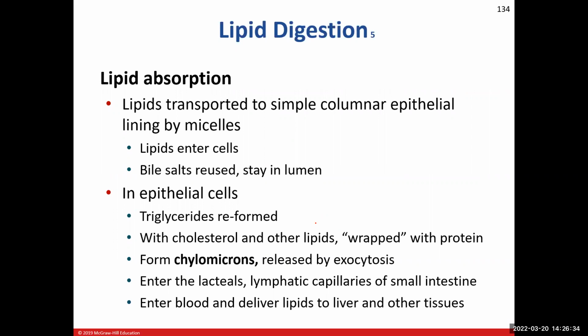Okay, so how do we undergo this whole process for lipid absorption? It's a little bit different than what we saw before. We're still going to deliver these lipids to the epithelial cells. But once this occurs, the bile salts are going to stay in the lumen.